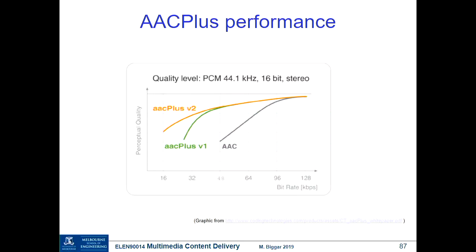And we encode it using AAC at lower and lower rates, and we've got this perceptual quality, so it's a bit somewhat subjective perhaps, but we put people in controlled audio spaces with headphones, and we tell them, tell us whether this audio clip is better quality than this audio clip, and so on.